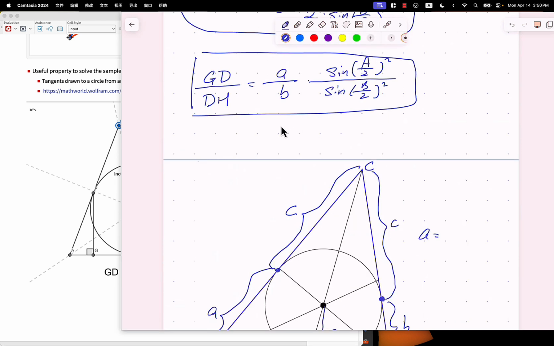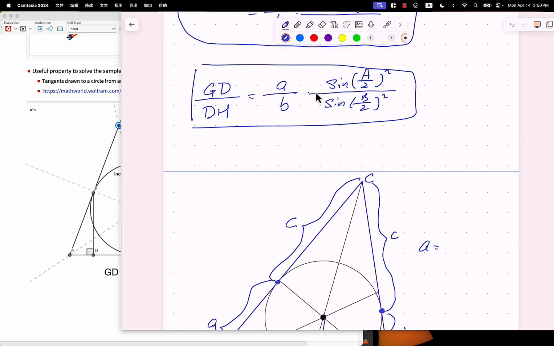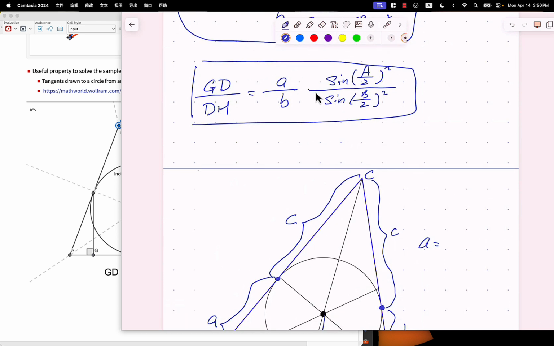So cancel the 2's on the denominator and the numerator. We have GD over DH equal to a over b times sine half A squared over sine half B squared, right?